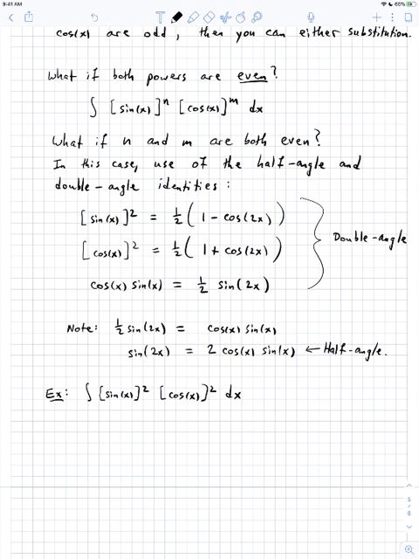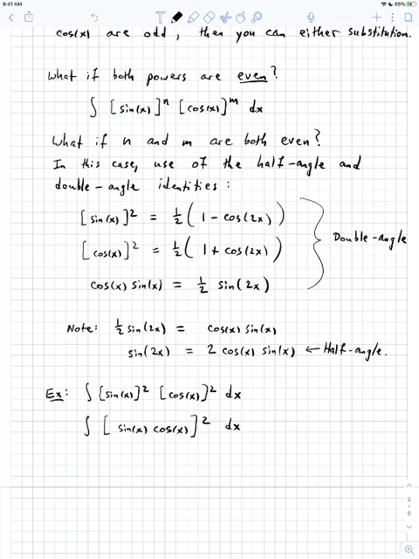You might be tempted to use the double angle identities for sine squared and cosine squared, and you can do it that way, but it's a little bit faster if you use the cosine times sine one here. So we rewrite this as the integral of sine x times cosine x quantity squared dx.